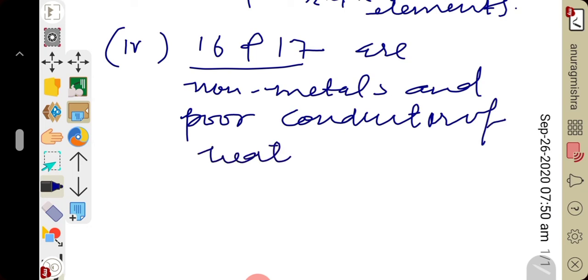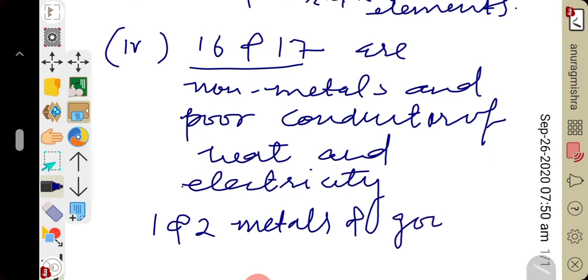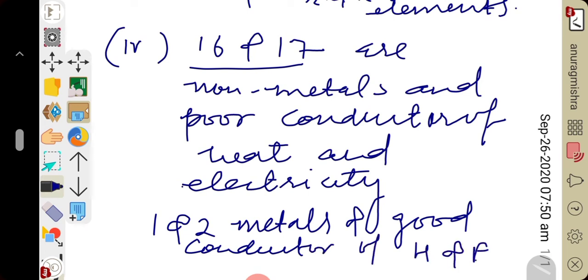As well as group number 1 and 2 are metals and good conductors of heat and electric current, right? So I hope you people understood.